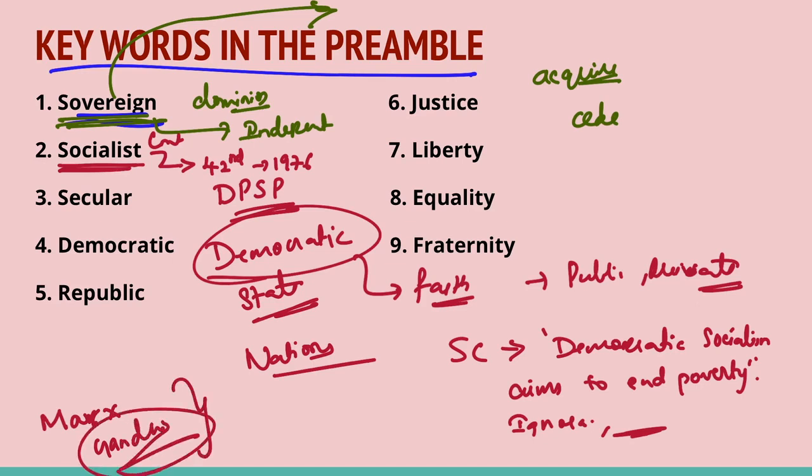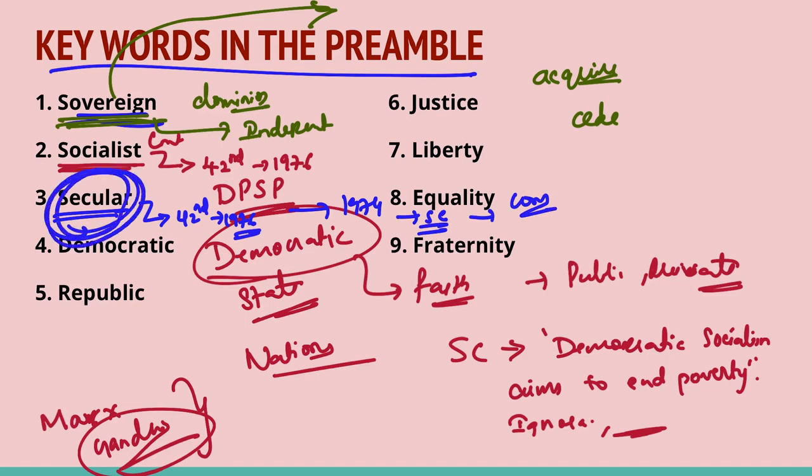Secular. The term secular was added in the preamble by the 42nd Constitutional Amendment Act 1976. In the year 1974, the Supreme Court said that the word secular state is not mentioned in the Constitution, and there is no doubt that our constitution makers wanted to establish a secular state, and that is why Articles 25 to 28 guarantee the fundamental right to freedom of religion, and that is included in the Constitution.